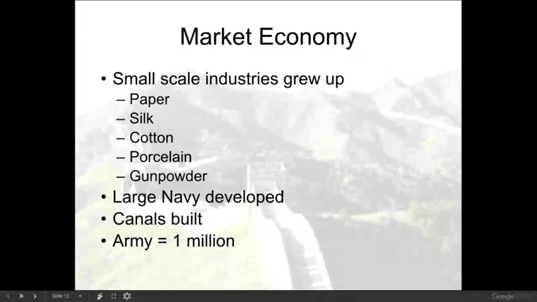So what did China have besides people willing to buy opium?